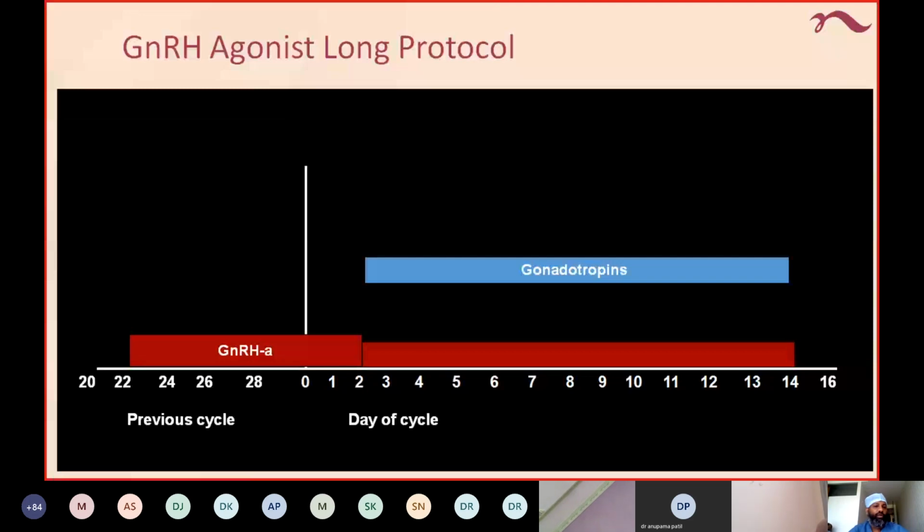You don't have to start on day 21 of the previous cycle as we just saw. That was the long protocol. Here is the GnRH agonist short protocol. You start on the second day of the cycle with the GnRH agonist, and from the next day you can start with the gonadotropins. Once follicle size reaches 18 millimeter, you can use an HCG injection as a trigger for egg release.